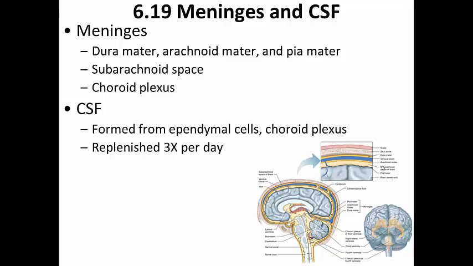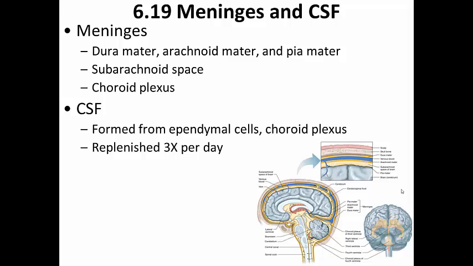This area is filled with cerebrospinal fluid, which provides something of a cushion for the brain. And underneath this, we have the pia mater, shown right here. The pia mater is a very thin covering that's connected to the surface of the brain itself. And so these three layers provide some protection for the brain, particularly this subarachnoid space.